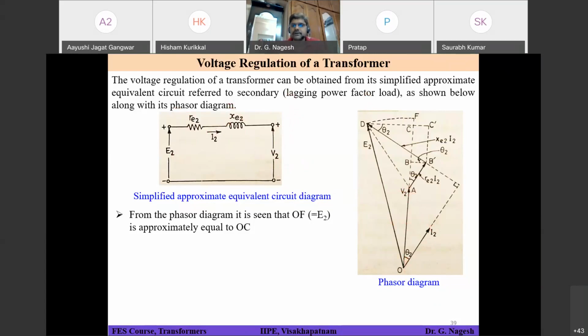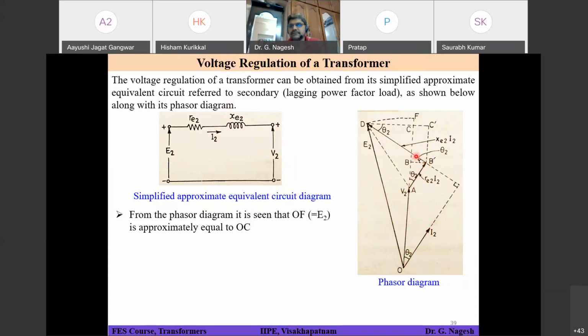I have already told you the resistance drop will be in phase, or parallel, with your secondary current I2. Because it's a resistance, voltage and current should be in phase. So this is the voltage because of resistance and this is the current flowing in that resistance, so they will be in parallel. And the reactance voltage should lead your current by 90 degrees with respect to I2.